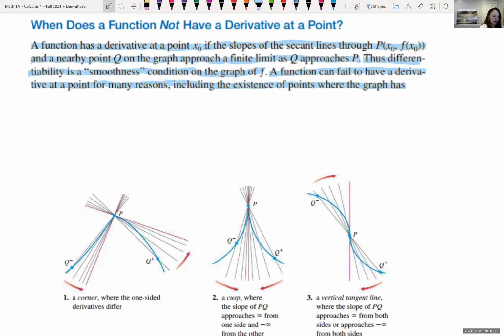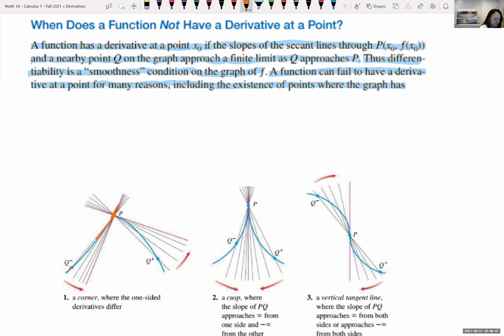A sharp corner. In this case, we have a sharp corner. Depending on where we choose our point to look at that average rate of change, if we chose the point here, then we would get a slope that looks like this. It just depends on where we choose the point. If we chose some point here, the more we go over, the more it's going to be in that direction.